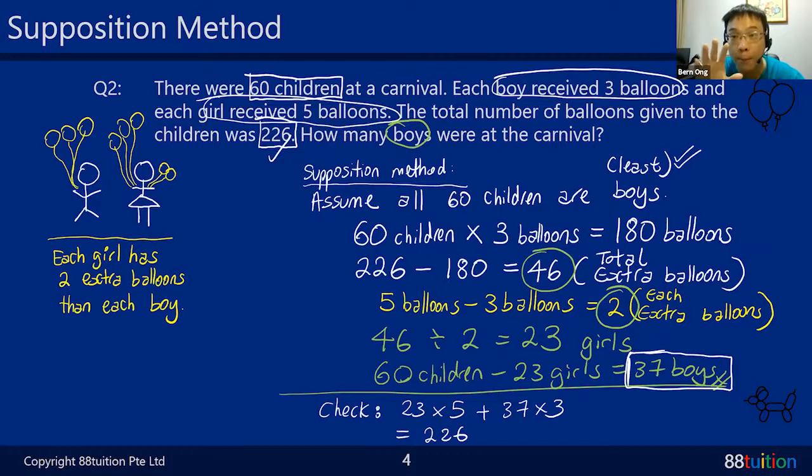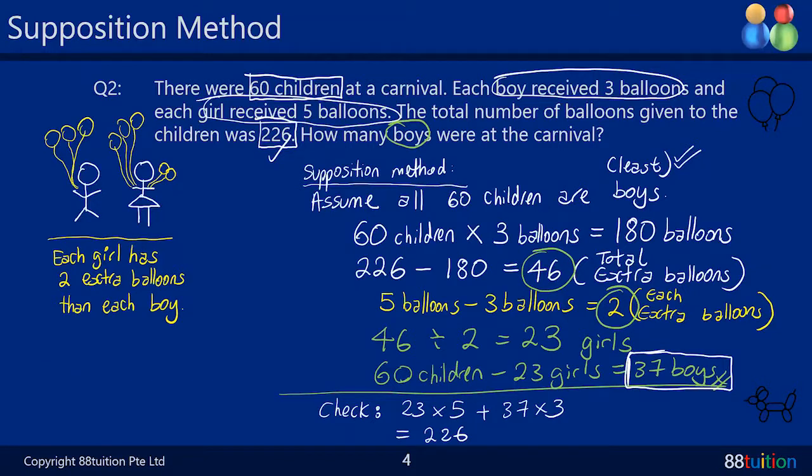If you're comparing vehicles, a motorcycle and a car, who has the least wheels? Motorcycle, so you take the motorcycle. Maybe you compare animals, like a tiger and a chicken. So you take the chicken, two legs. You always take the least.